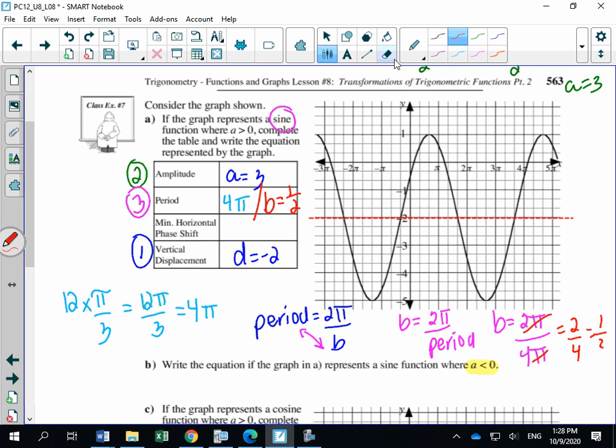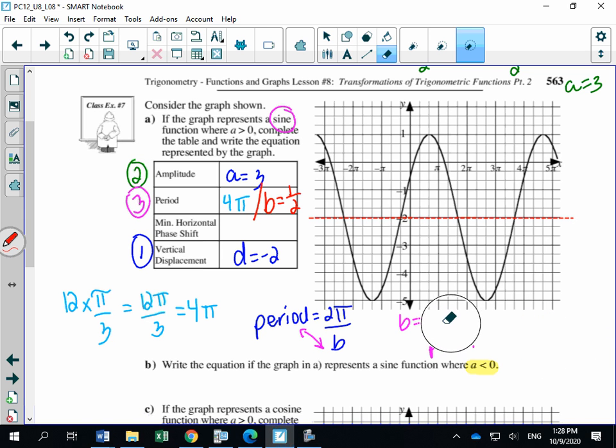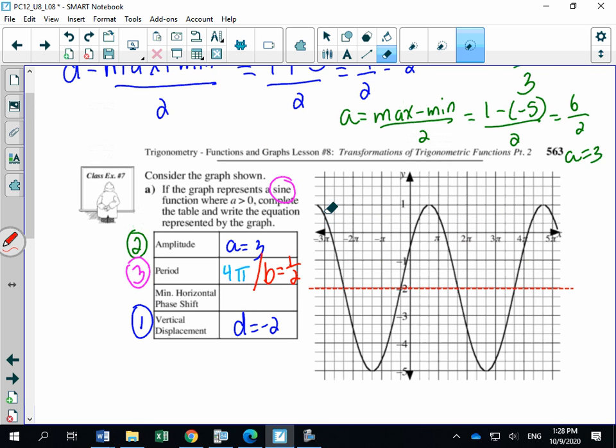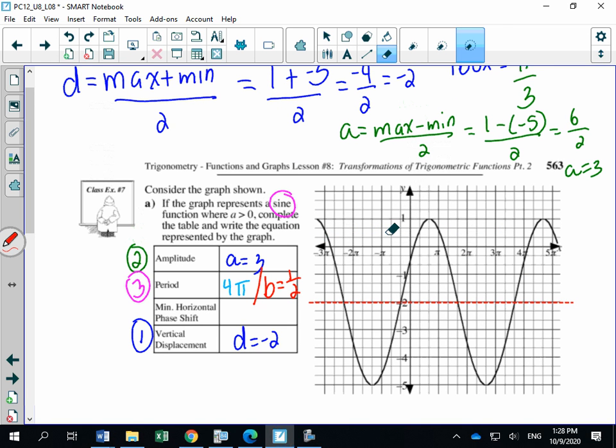Okay, now that I have my period in there and my B value, let's go ahead and figure out what the phase shift is. This is a sine graph. What you must remember for a sine graph is when you're figuring out the phase shift, so let's write this down, phase shift, you work from your midline.